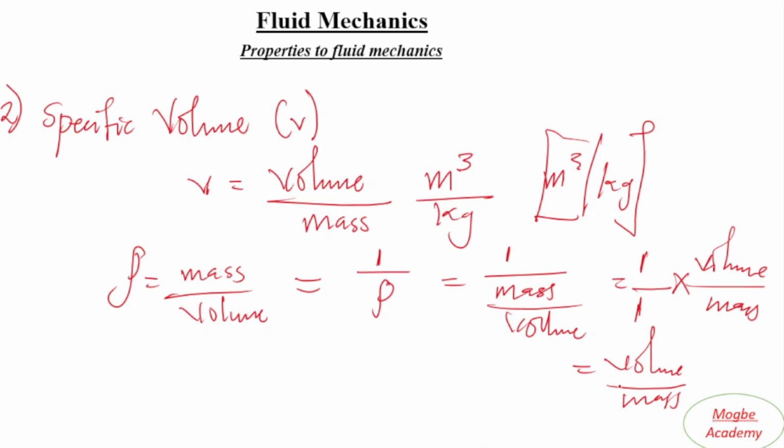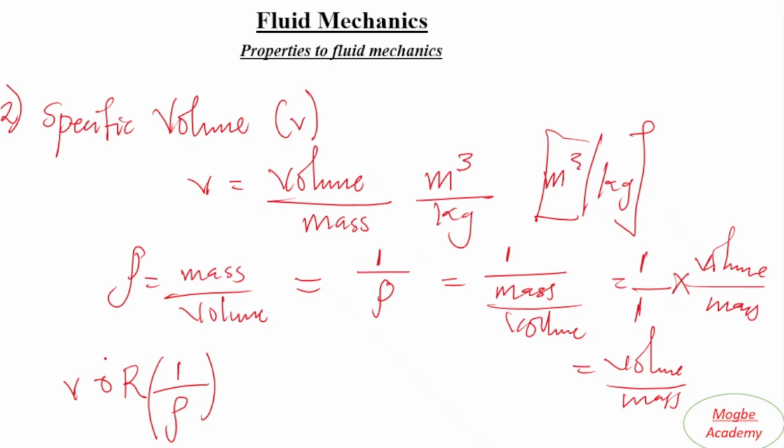So we can represent specific volume as small v, or 1 over density. Am I communicating? So in essence, if you see specific volume in your question as 1 over density, you should know that it is the same thing as small v. Am I communicating?